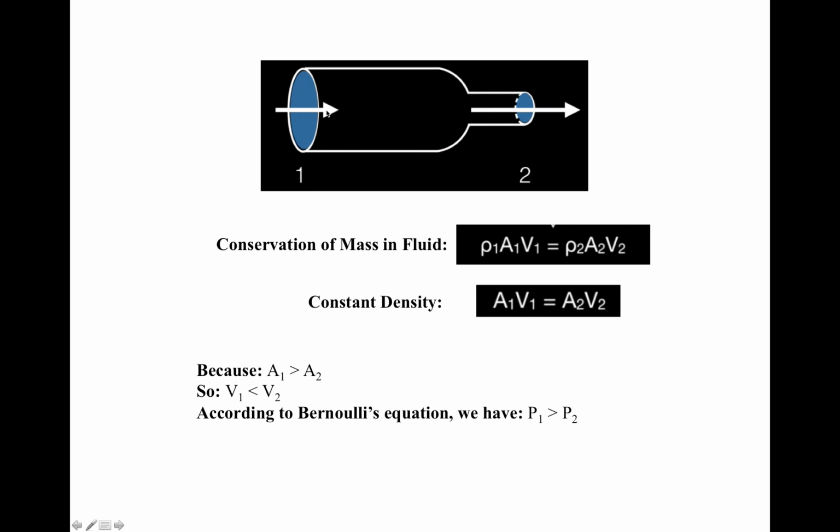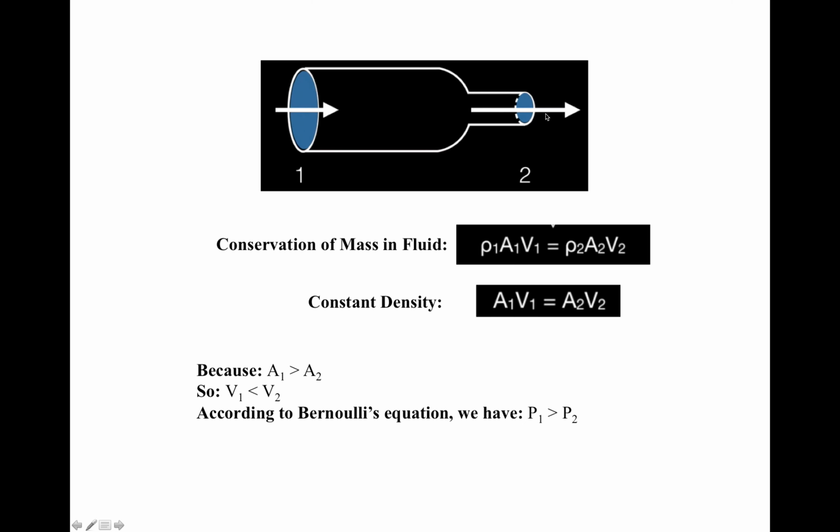Because A1 is bigger than A2, this is a much bigger cross-sectional area than this one, V1 must be smaller than V2. So the speed of the fluid flowing in must be smaller than the speed of the fluid coming out. This is consistent with our experience.